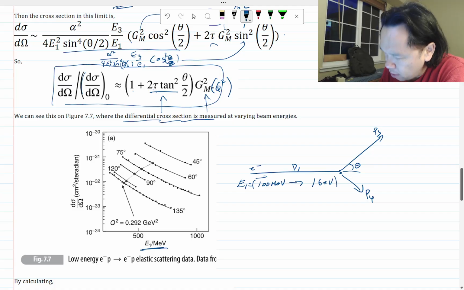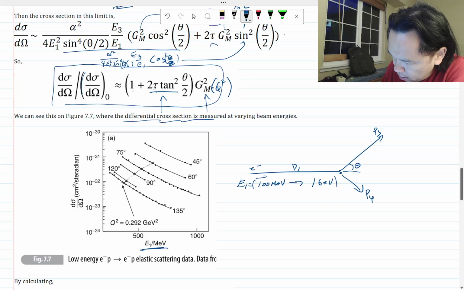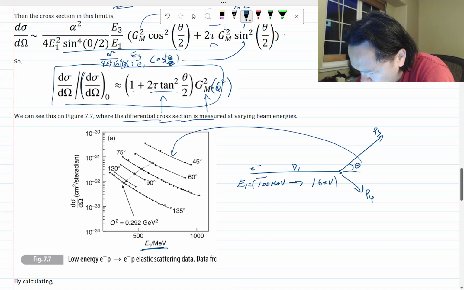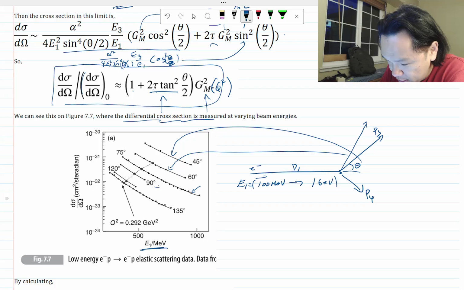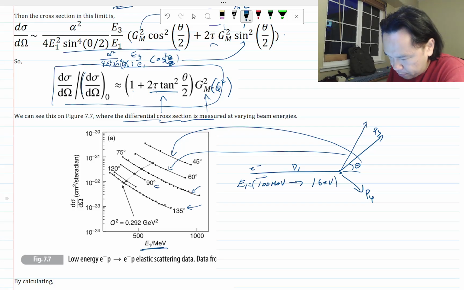And you just count how often you get an electron coming out at a 45 degree angle, and that basically gets you this data point. Then you do it again, you count how often it comes out at 60 degrees, and then you get this line. How often does it come out at 70 degrees, 75 degrees, 90 degrees, 135 degrees?